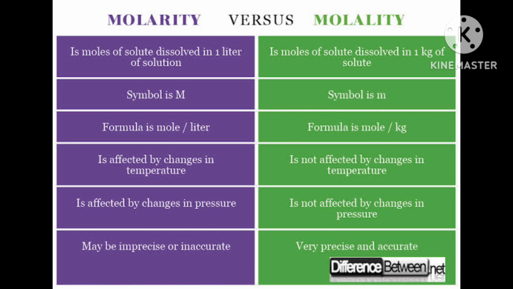Then this ethylene glycol, first convert into the mole. Then 20 divided by molecular mass of ethylene glycol, 20 divided by capital M. Then how will you calculate the molecular mass? C2H6O2. Easily you can calculate.